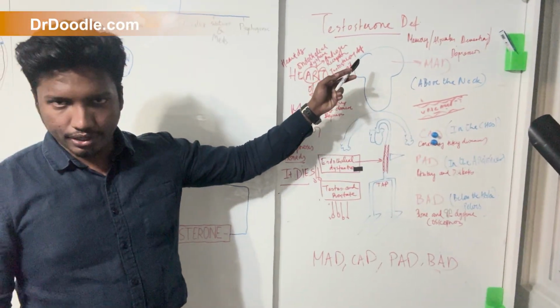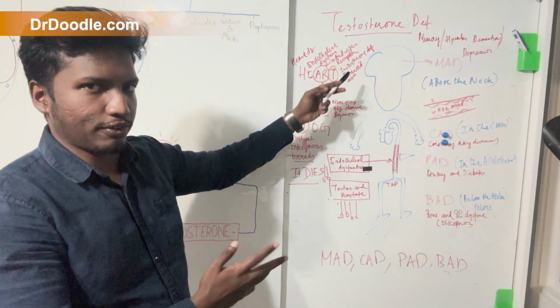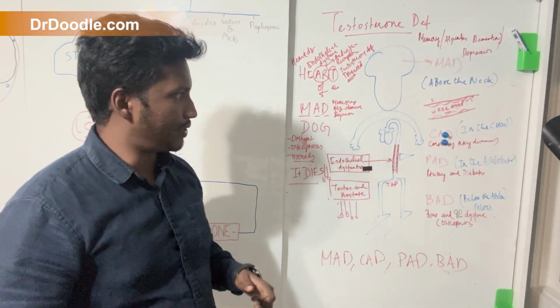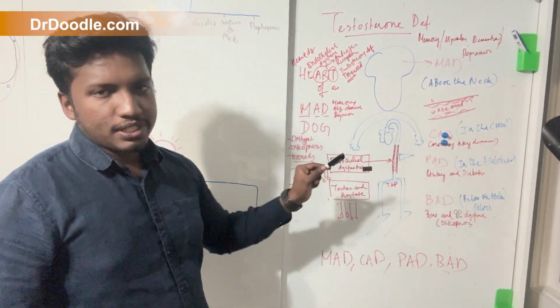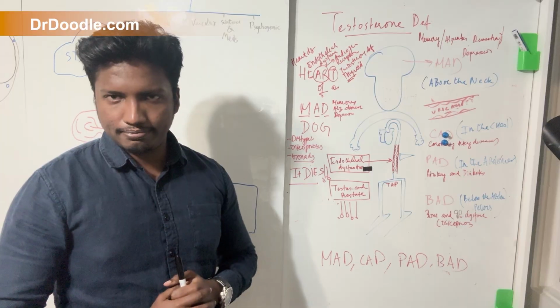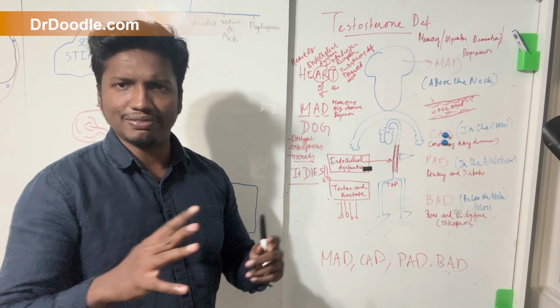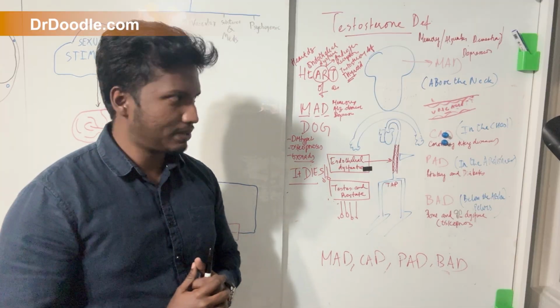So if you look over here, it looks like a bit of a complicated diagram, but once you get the terms together, it's gonna turn easy. What happens to the heart of a mad dog? It dies. Now, what do I mean by all of these random terms?